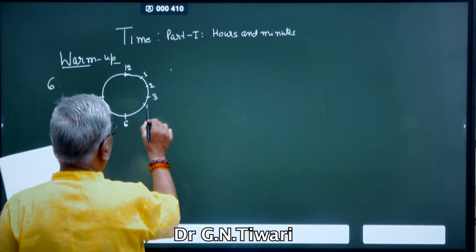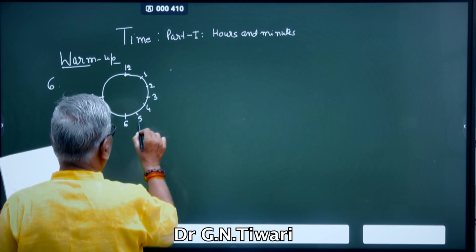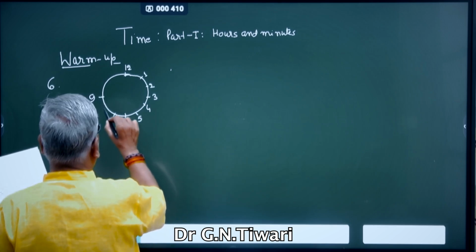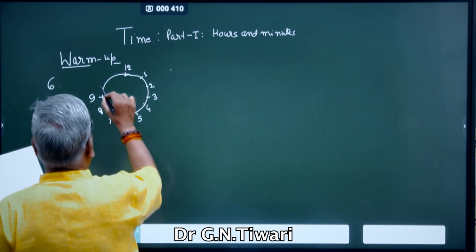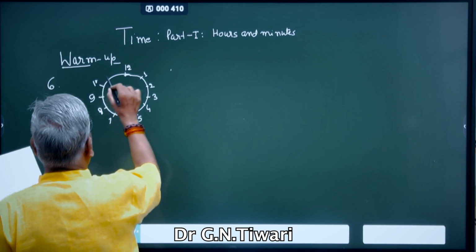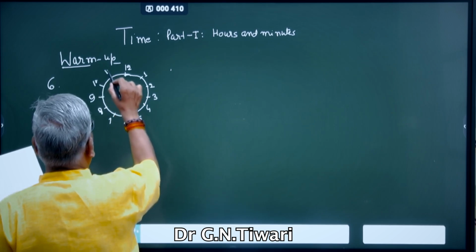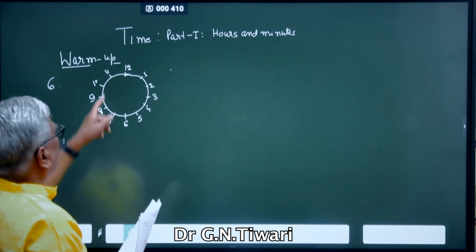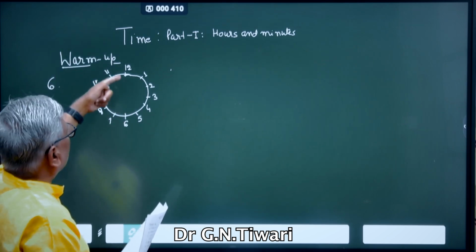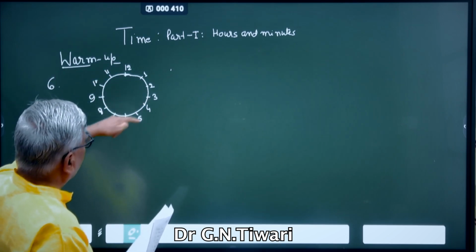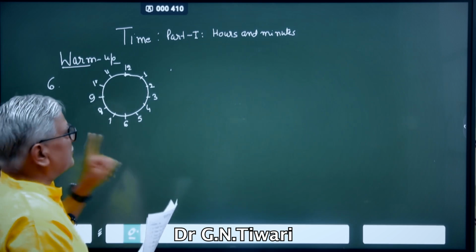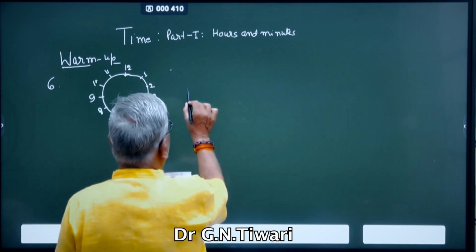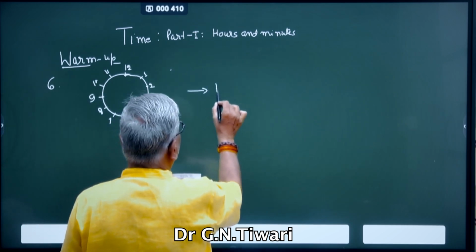This is 4, this is 5, this is 7, this is 8, this is 10, and this is 11. 12 hours. Generally 0 is not written because 0 is understood. 0, 1, 2, 3, 4, 5, 6, 7. And the most important thing is that here I will just make a note.